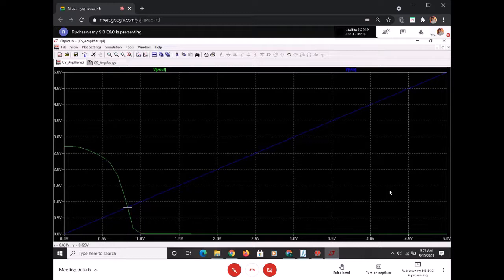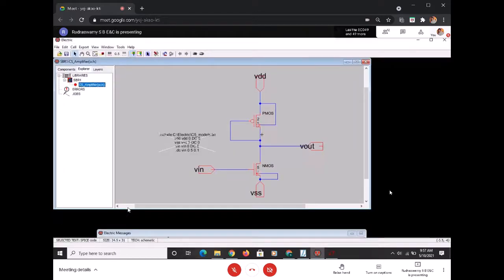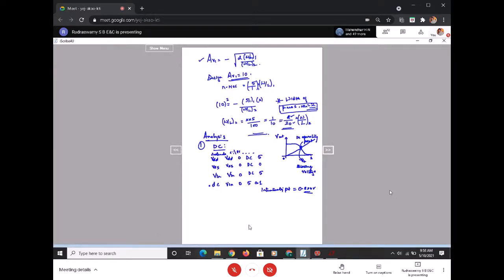This is very important now, so that's what we are trying to write here. The intersecting point, that is the operating point, is 0.820 volts. So approximately 0.8 volts is the DC operating point.